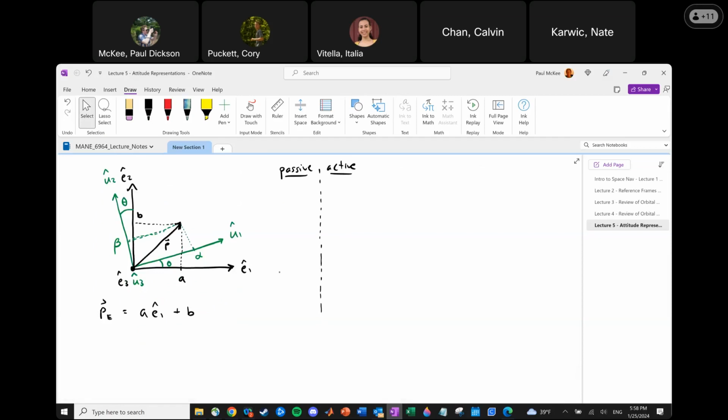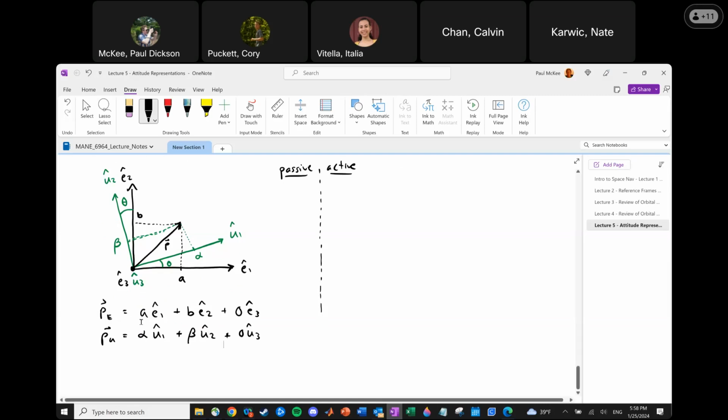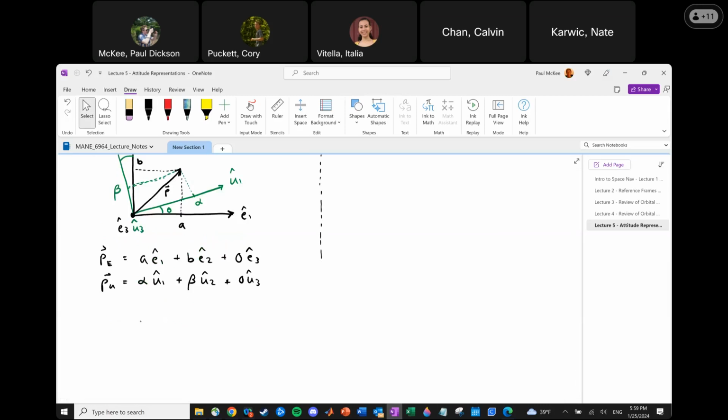And P in the U basis is alpha U1, which we can see visually that alpha and A are different numbers, plus beta U2 plus 0 U3. I'm going to scroll up again in a minute, so just bear with me.